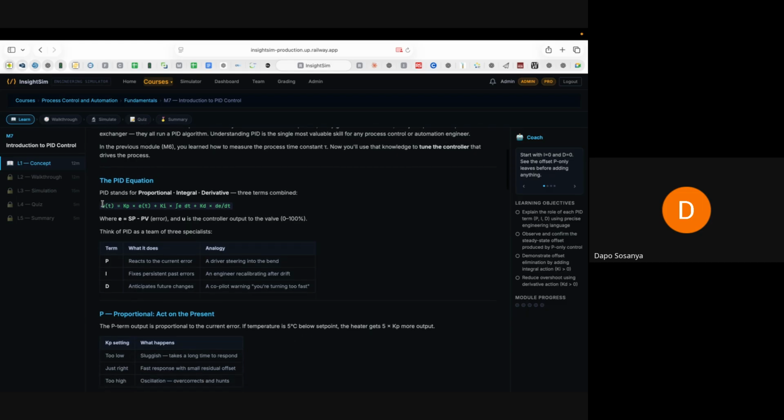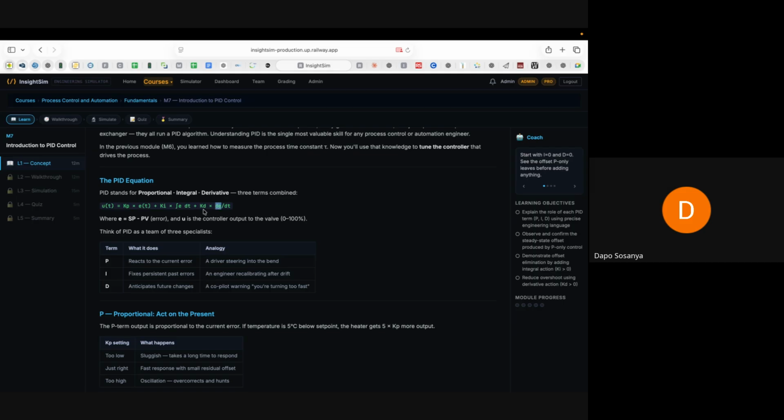So the equation is U of t equals Kp, the proportional term, multiplied by the error, which is a function of time, plus Ki multiplied by the integral of the error, and then Kd multiplied by the derivative. Now, let's take a note here, especially for people in academics.